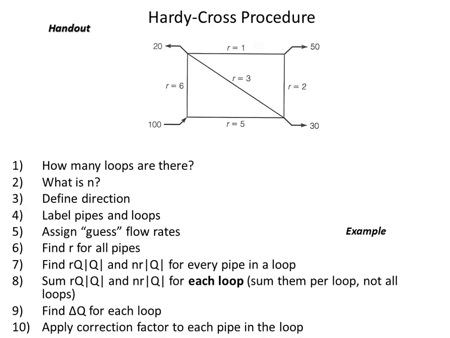So indicate with an arrow the direction you assume the water is going, and also right next to it the flow rate. Okay, so right on the page there, use a pencil so you can erase it if and when you make a mistake. How much flow is going where? Get it to balance at all of the junctions.